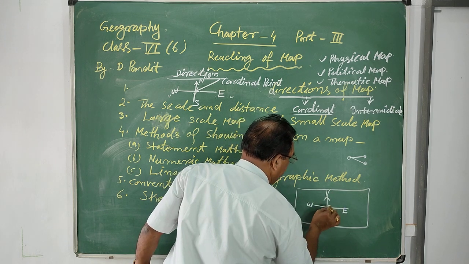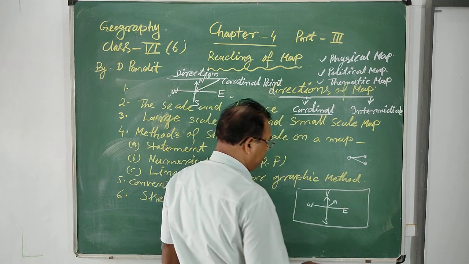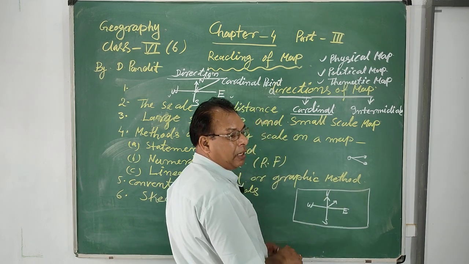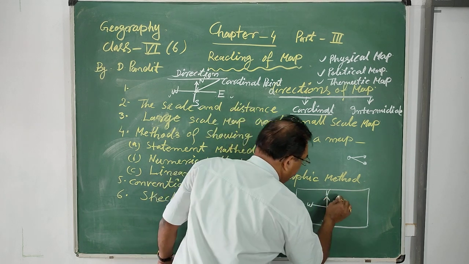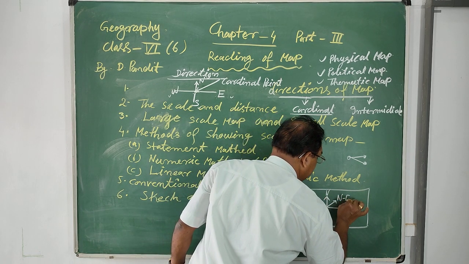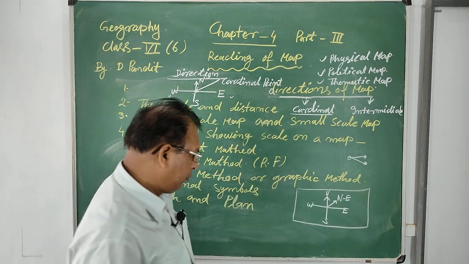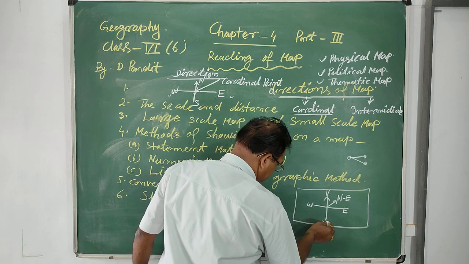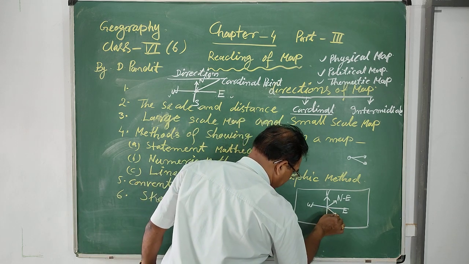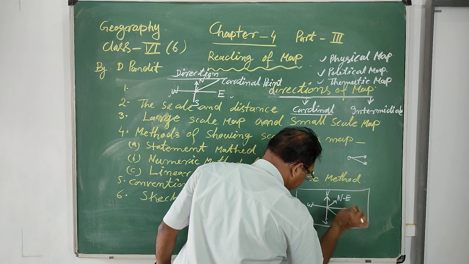But between the north and east, one direction is also marked by the cartographers. It is known as the northeast direction. Here is northeast. But between the south and east, another direction is known as the southeast.